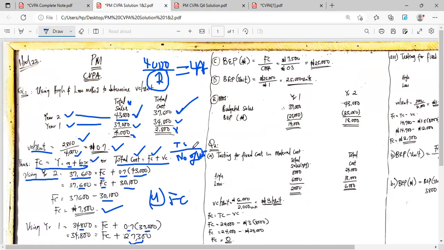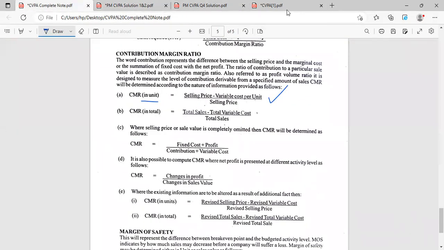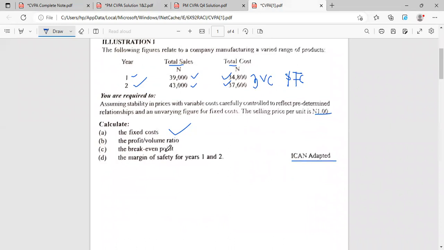Let's look at C. C says we should get BEP in naira. Let's confirm. BEP, break-even point. They were not specific. It simply means that they want us to get both in naira and in units. So we need to solve for the two.